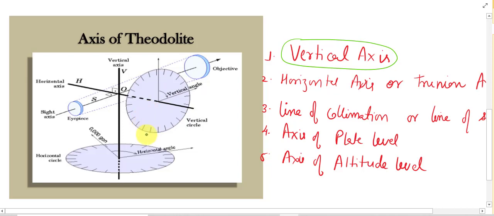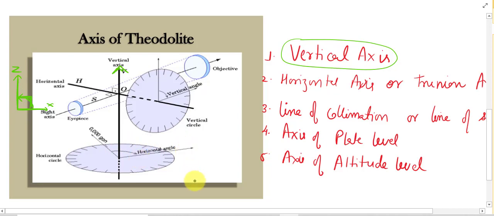The vertical axis is the center point of your theodolite, taken perpendicular to the horizontal, from the x direction toward the z direction. It is also calculated from your horizontal circle.